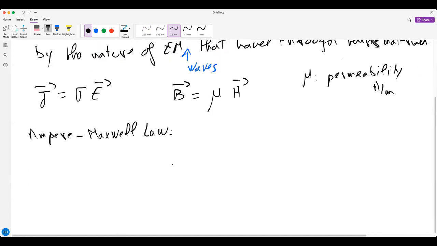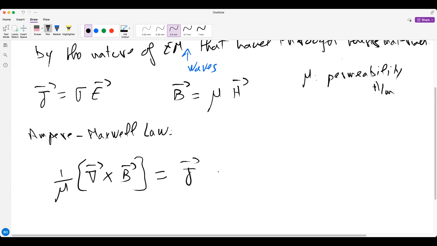It tells us the following: 1 over mu, nabla cross the magnetic field, is equal to the current density plus epsilon, and in fact this. So let me explain.